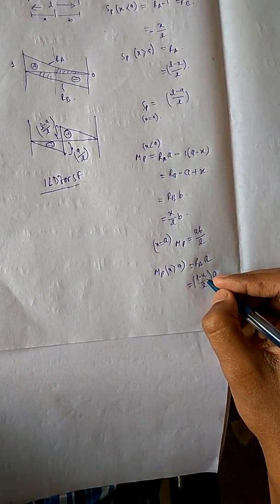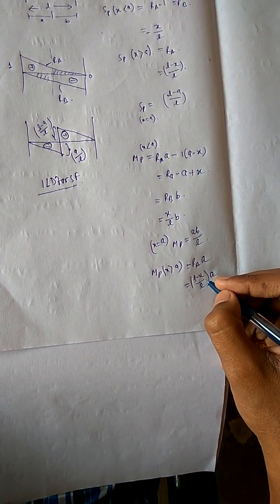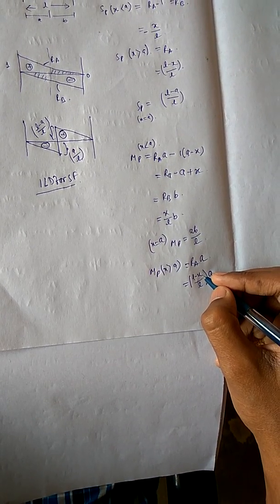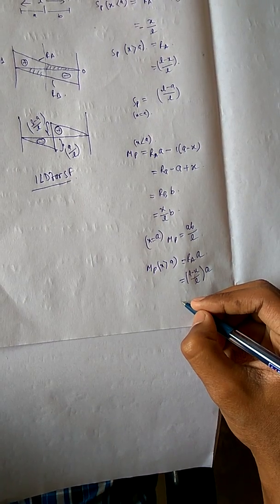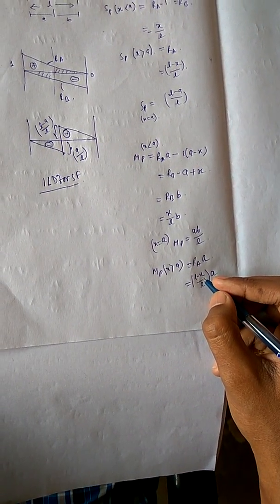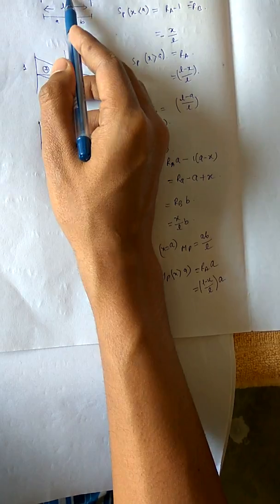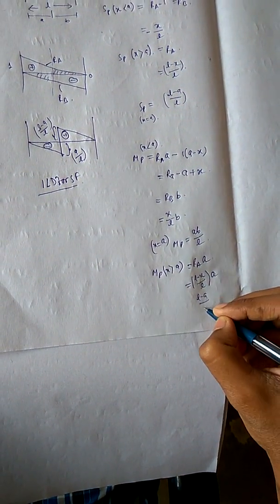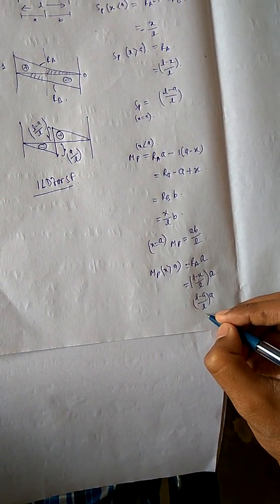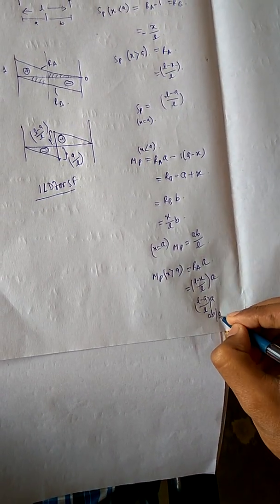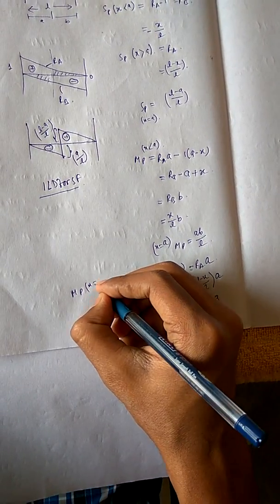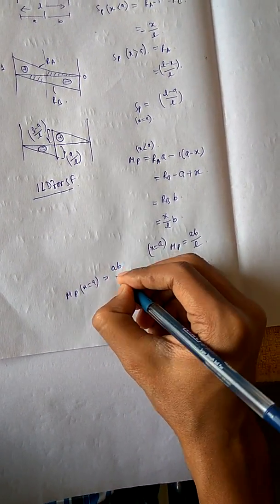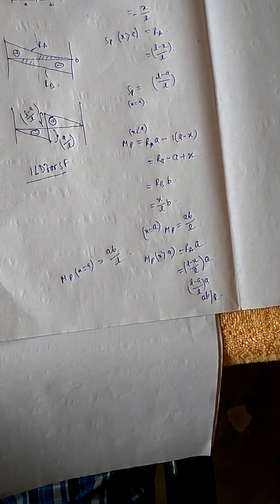If we put x equal to a, it is L minus a by L into a. L minus a means b. Are you getting? So the moment at x equal to a is ab by L.